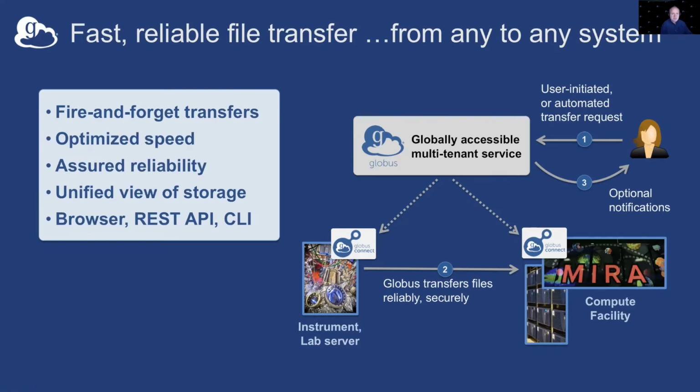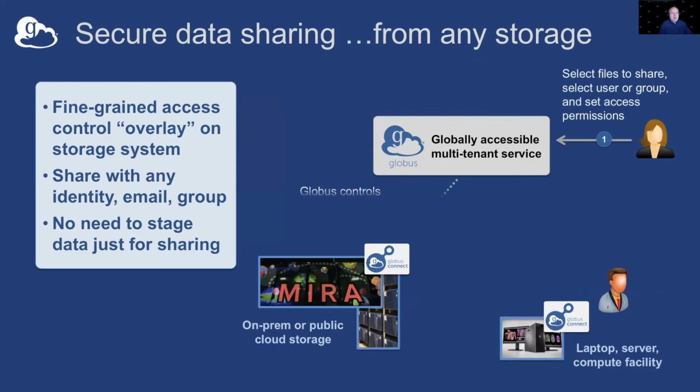For instance, if it's a very long running transfer, I'm moving a petabyte of data or something, and my credentials have expired on one of the systems, Globus will prompt me to log in so it can continue. Basically, the service handles the stop, start, restart, and making sure the data get from one point to another reliably.